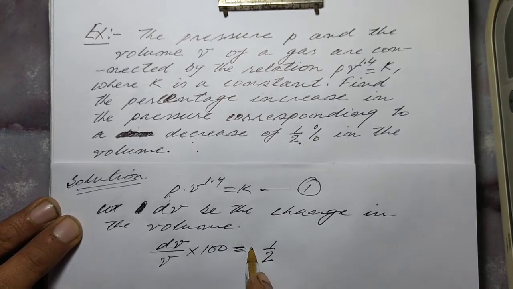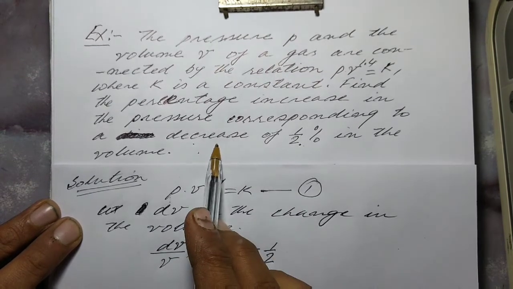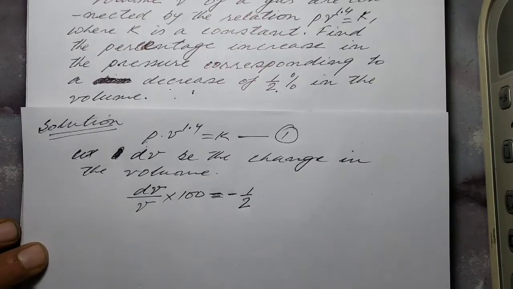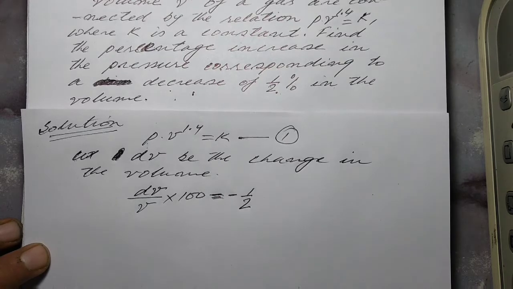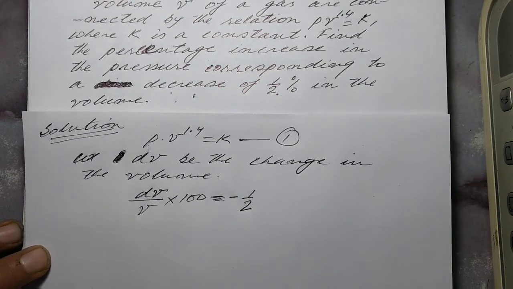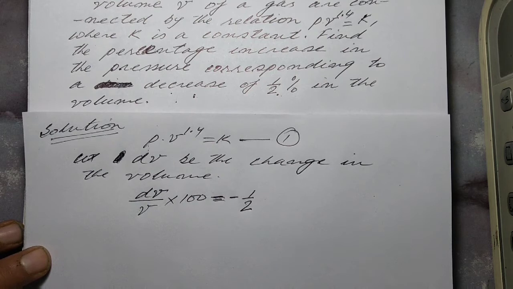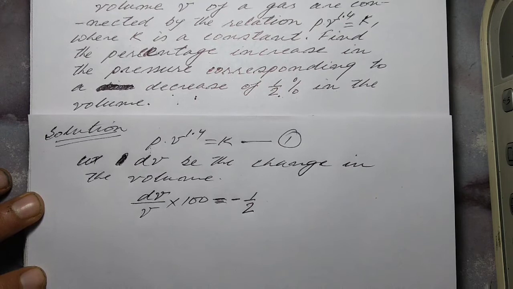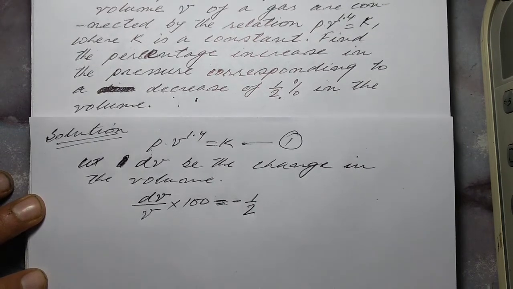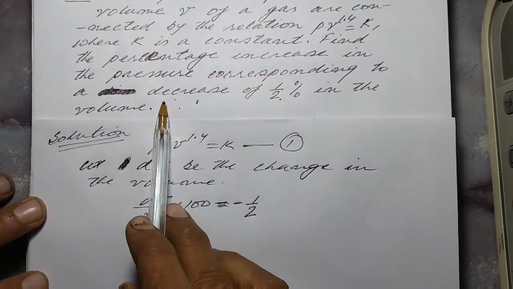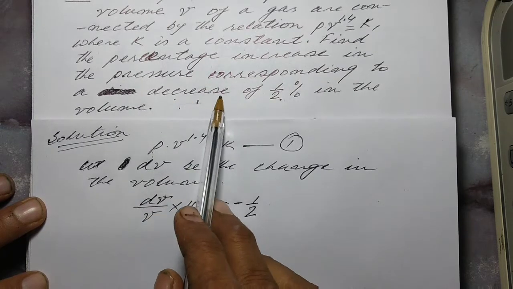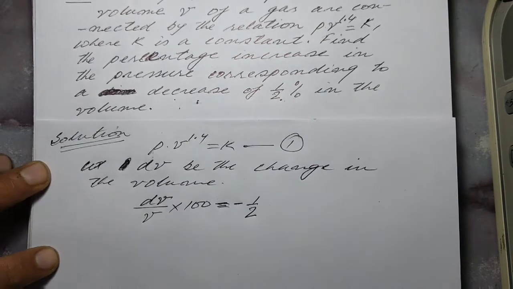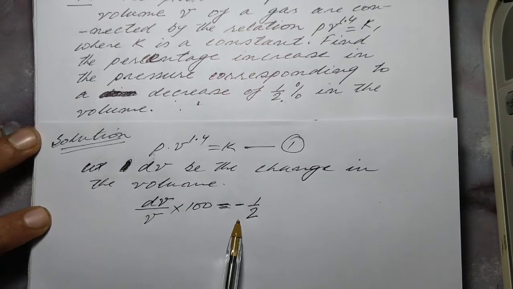But that should be taken negative if it is a decrease and positive if it is an increase. Here we need to remember one thing: if there is a decrease percent, that should be taken negative, and if there is an increase percent, that should be taken positive. Since in the problem there is a decrease of 0.5% in the volume, we have taken it negative.